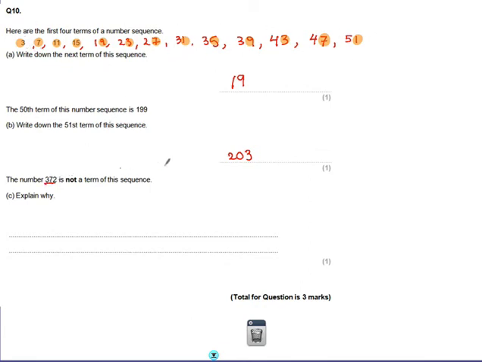But 372, the last digit, is 2, and 2 is an even number. 372 ends with 2.